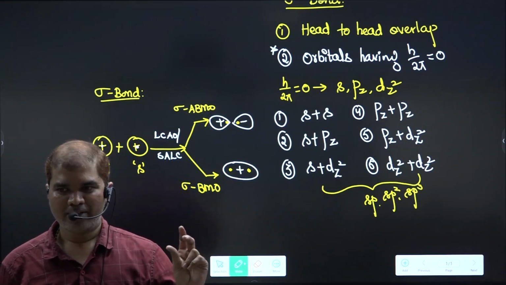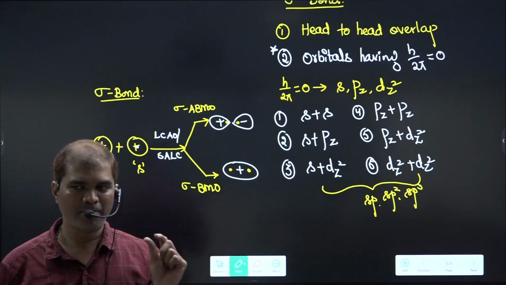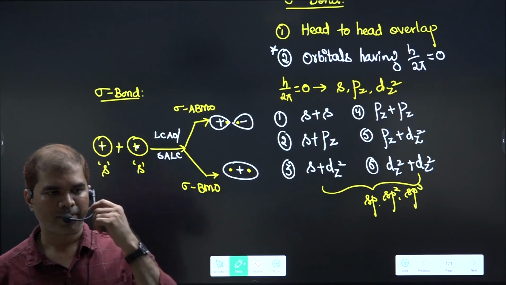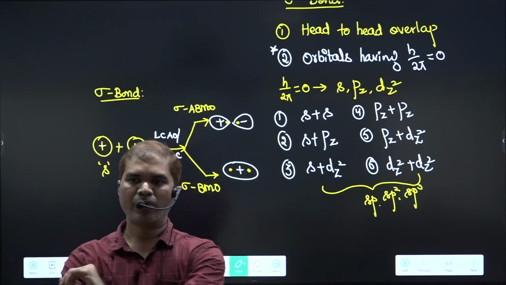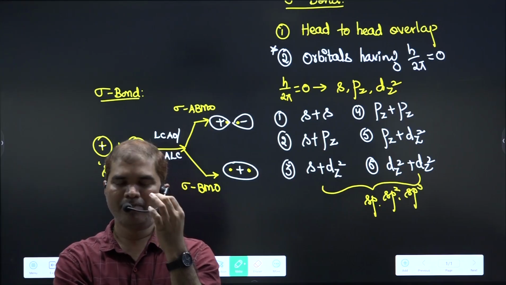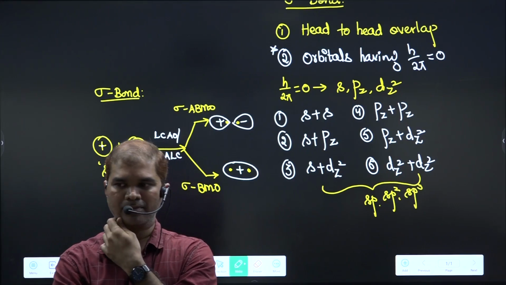My simple question is, how will you explain a BMO and an ABMO with respect to a simple mathematical equation? How will you compare them with respect to a simple mathematical formula?